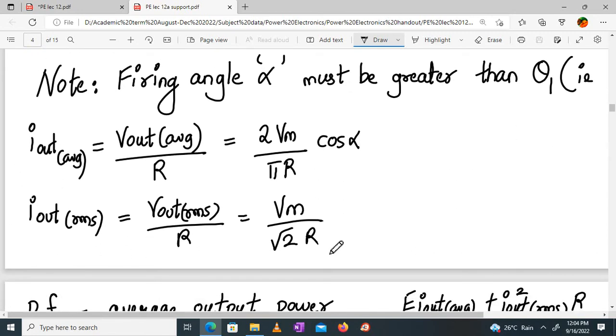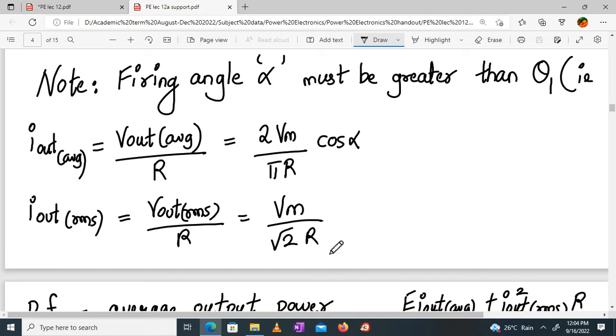Next, I out average. I out average is V out average upon R. Why is it like this? It is an RLE load, so why only R? That is the battery, E, right? What about L?